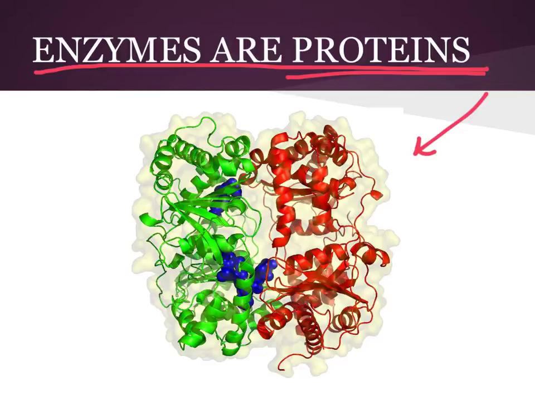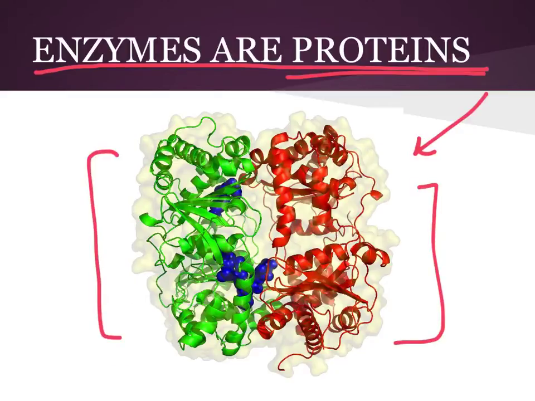We see this protein is a long-stranded molecule, but it has a very characteristic folding pattern. You'll notice that there are actually two strands of peptides. One strand is red, over here, and the other strand is green.